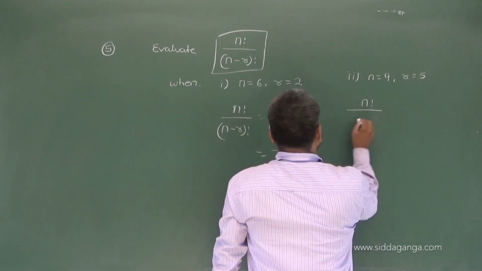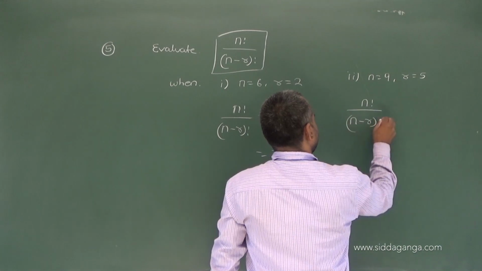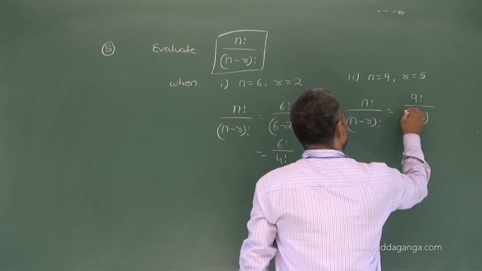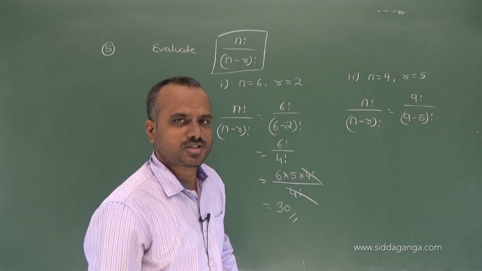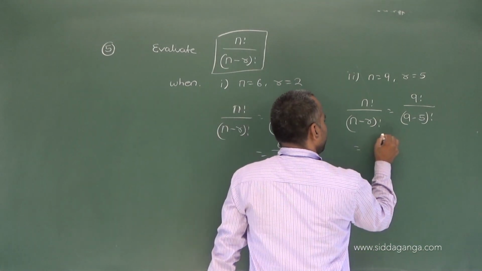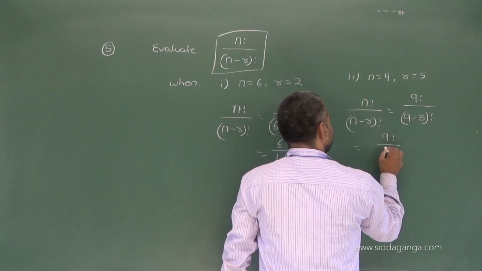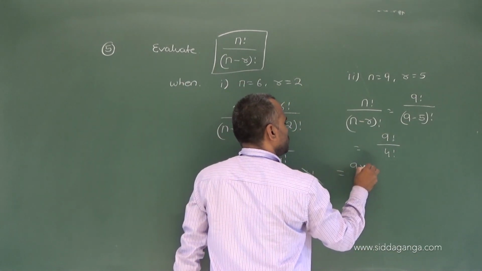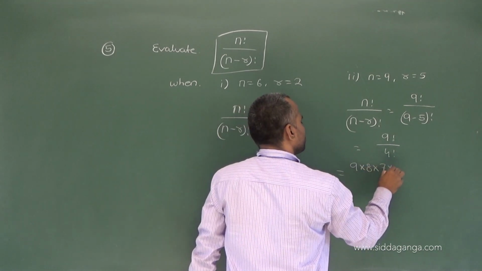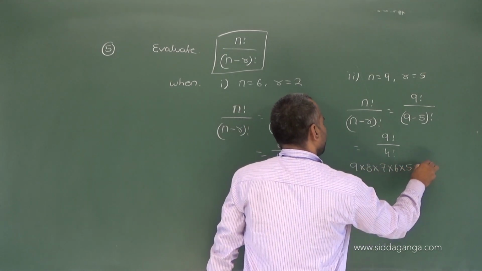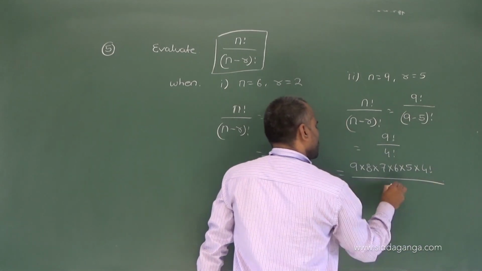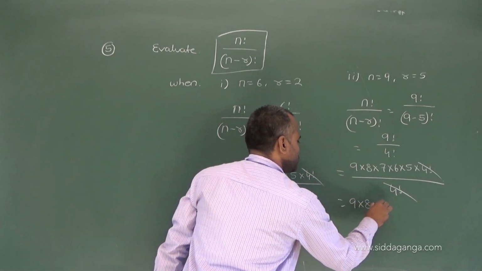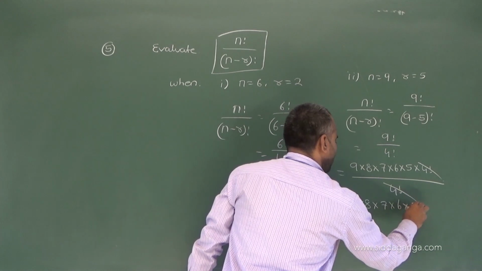For the same problem, n factorial divided by (n minus r) factorial, 9 factorial divided by (9 minus 5) factorial, correct? 9 minus 5 is 4 factorial. So we can write 9 into 8, 7, 6, 5, 4 factorial divided by 4 factorial. 4 factorial gets cancelled. 9, 8, 7, 6, 5, calculate.